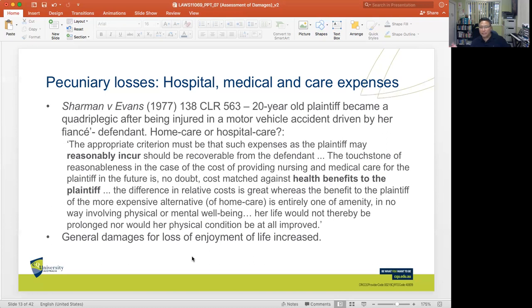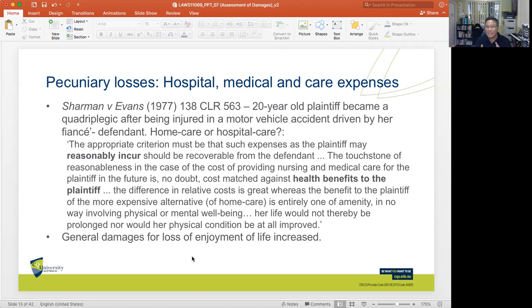Now, although the court in this particular case decided to set the award of damages on the basis of hospital care, the fact that the plaintiff was a quadriplegic who would have to be taken care of in the hospital would mean that her enjoyment of life would be diminished, because it was no longer her family members, people who love her, taking care of her, but doctors and nurses who are not family members.